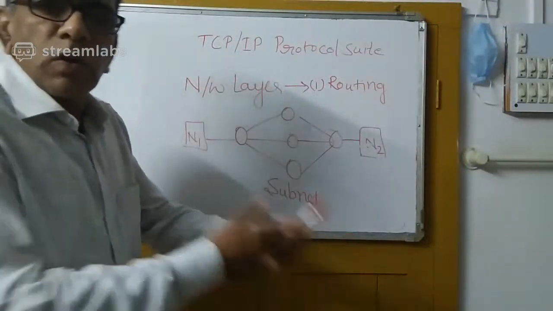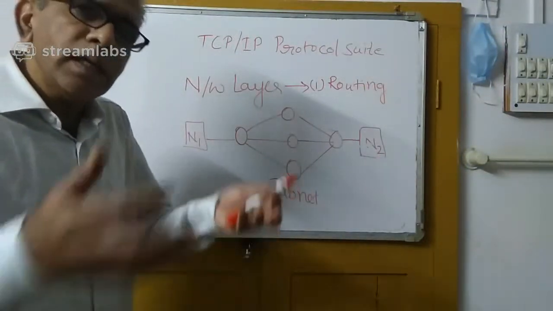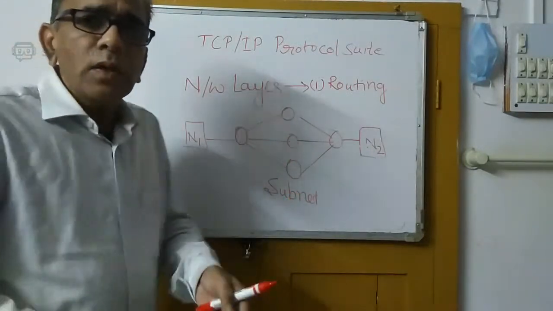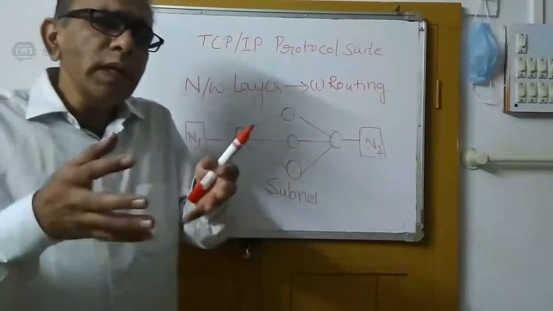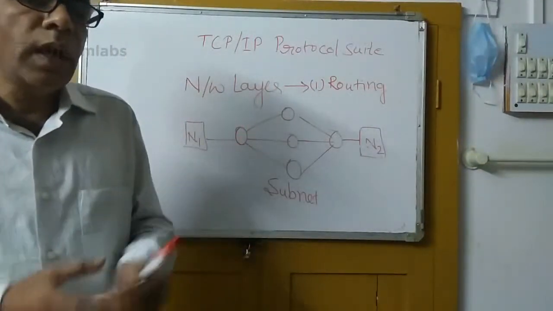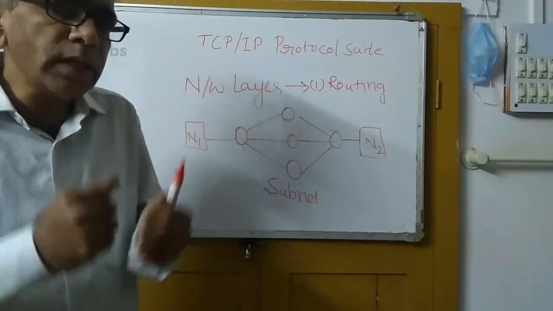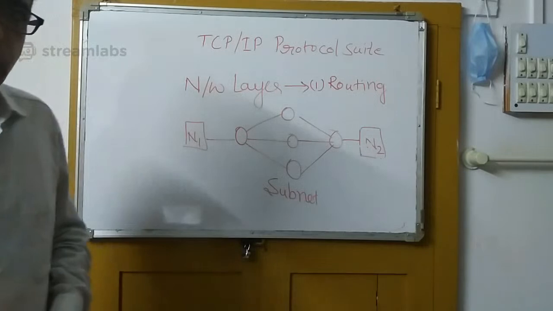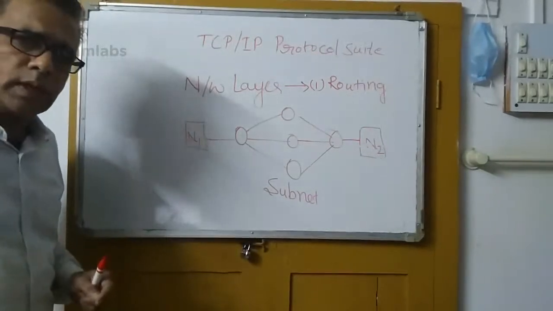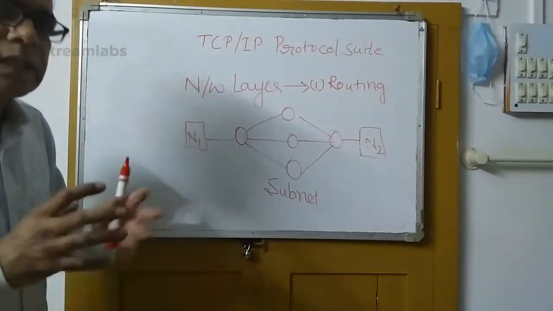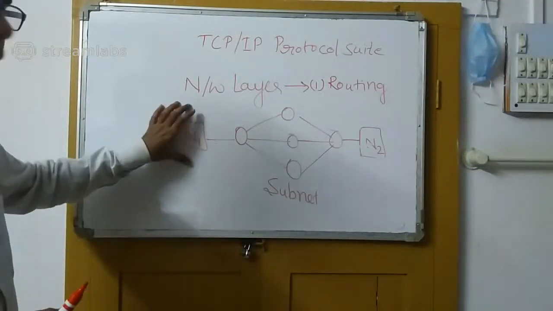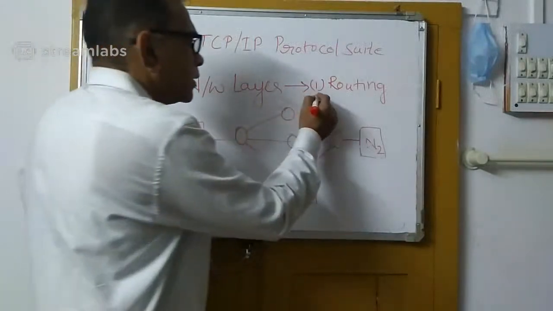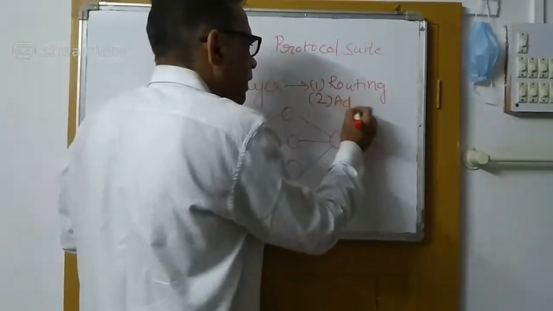In the link layer, I was talking about the physical address, an identity used to identify the source and the destination, so we use a physical addressing scheme. When it comes to the network layer, we need some kind of identification at the network layer to identify source and destination. So the second task of the network layer is addressing.